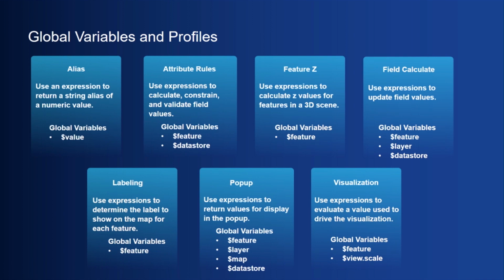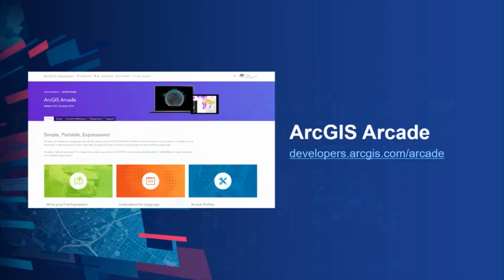Arcade gets evaluated for every feature in your data set at the point at which you're either drawing or updating the data. So it's going to be able to look at the attribute fields for that feature, and at the geometry of that feature. And you can use the global variables in the different profiles as variables in your Arcade expressions. It'll be clear in a moment.